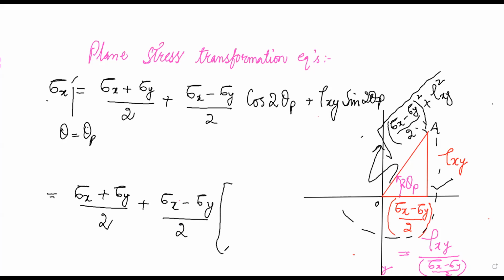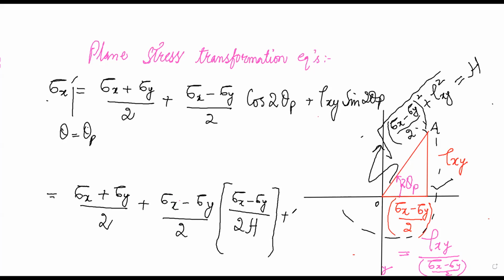Now I have cos twice theta p, that is base by hypotenuse. The base is sigma x minus sigma y divided by 2, and I will write the hypotenuse as capital H because this is a big equation, to save time. Any problem? Okay.